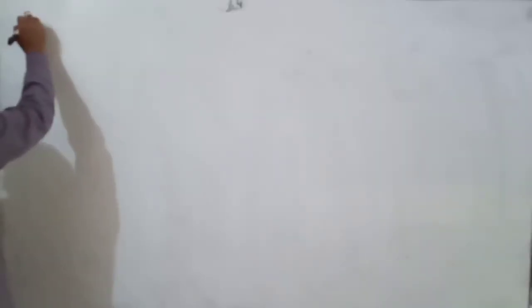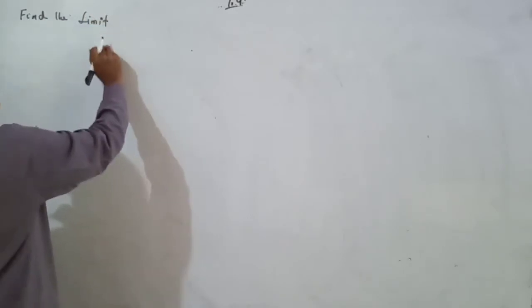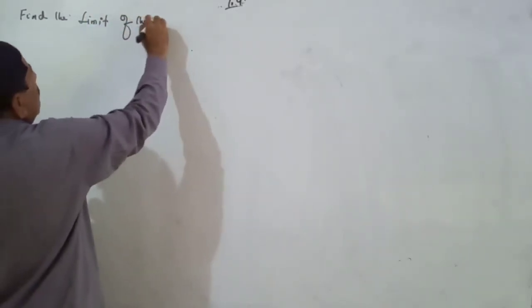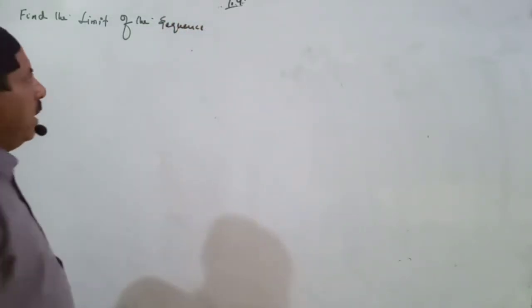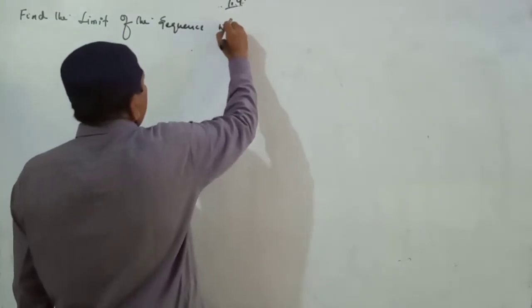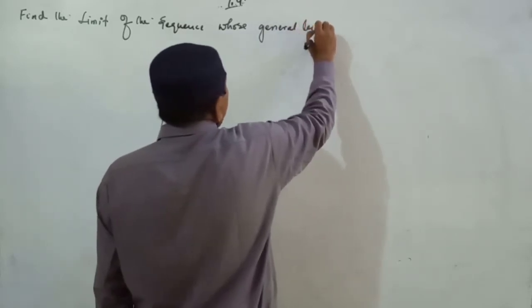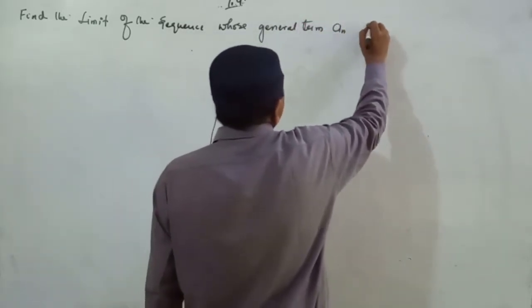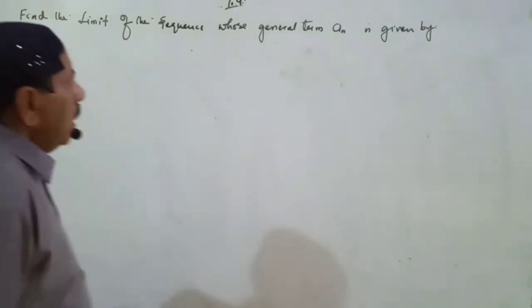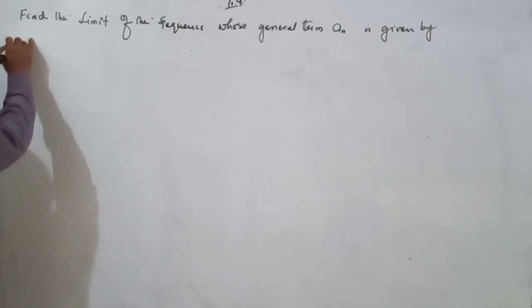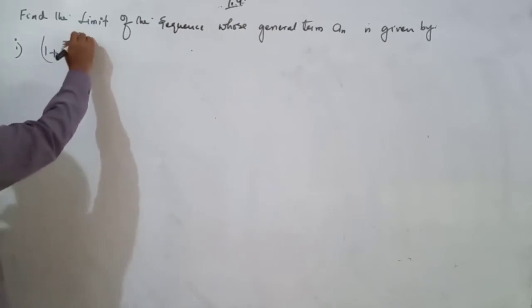Now find the limit of the sequence whose general term a n is given by: Number 4 is the question. (1 plus 3 upon n) power 5n.